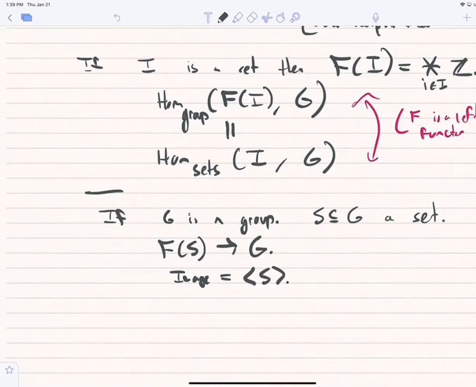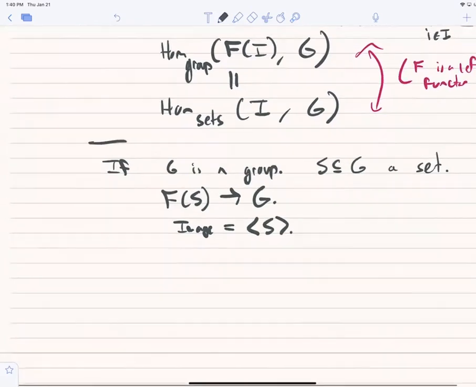This is how you can go back to the perspective that to get the subgroup generated by a set of elements, you can just take all the products of those elements. But this gives a nice way to do it.